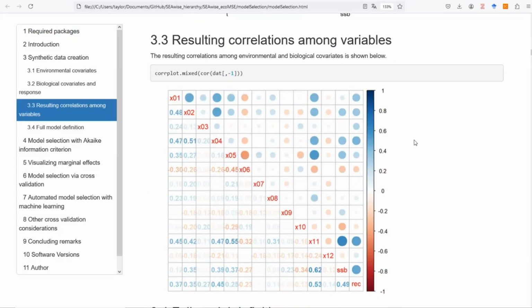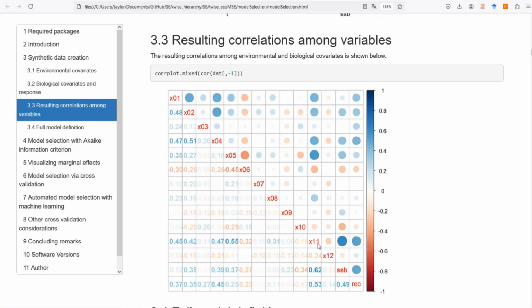And then again, looking at the correlation plot of all of these, we have the covariates X1 to 12, and then the SSB and the recruitment. So you can already see here that we have some positive correlation between SSB and recruitment. But there's also some other spurious correlations that are popping up.